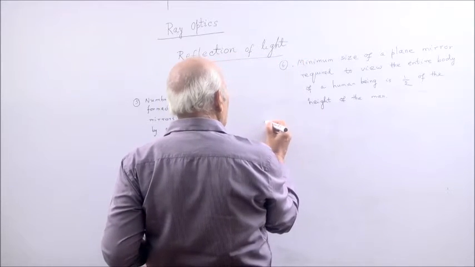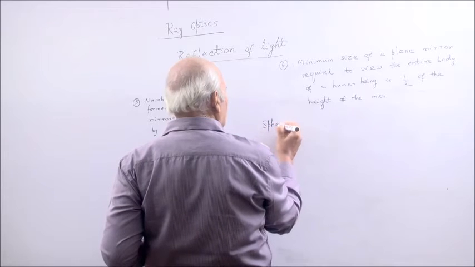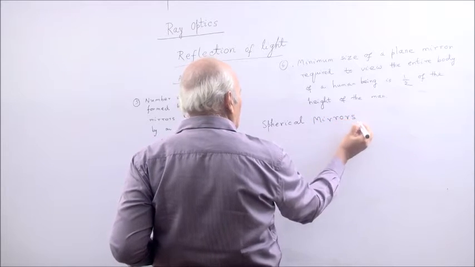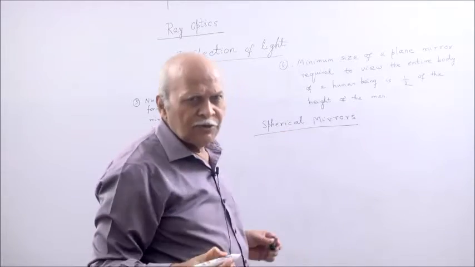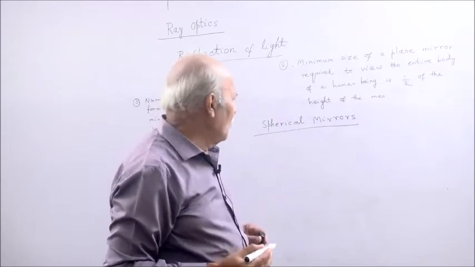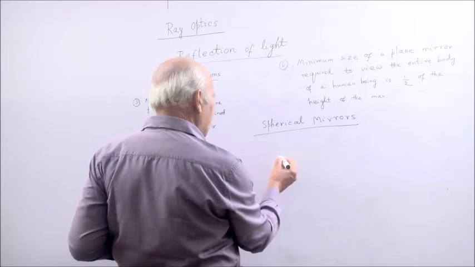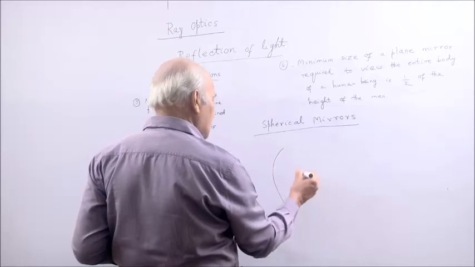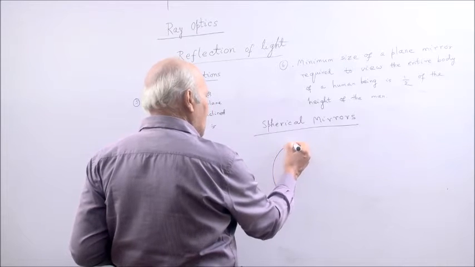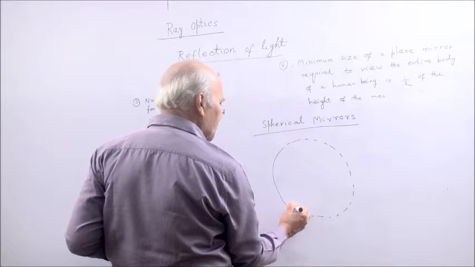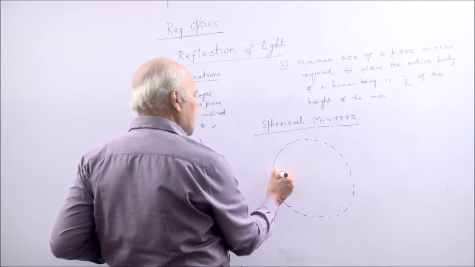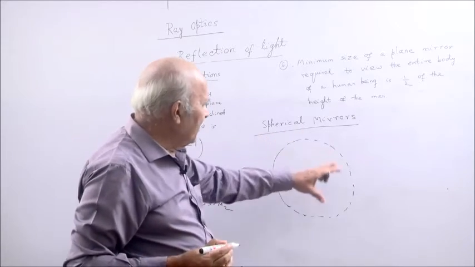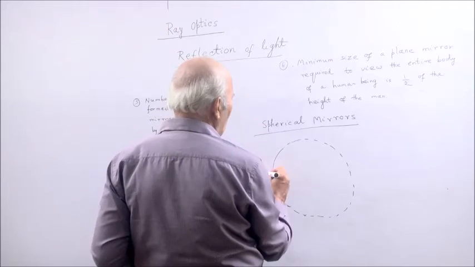Then we go to the spherical mirrors. Usually we are accustomed to plane mirrors, but there are also spherical mirrors which can be prepared out of thin hollow spheres by taking a circular aperture, circular cross section out of the thin hollow sphere.